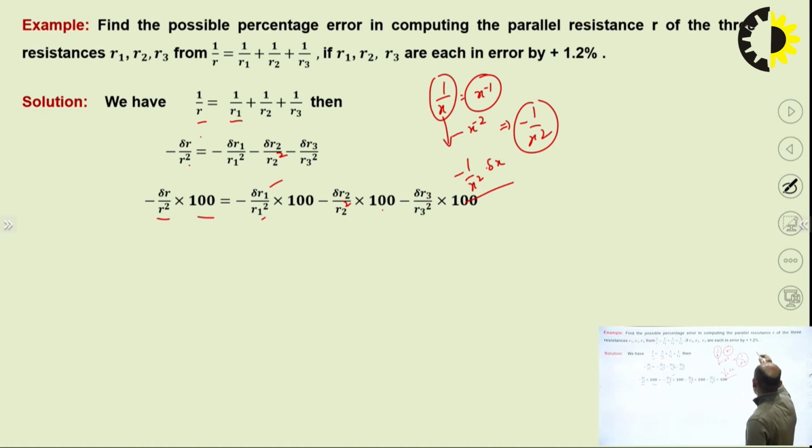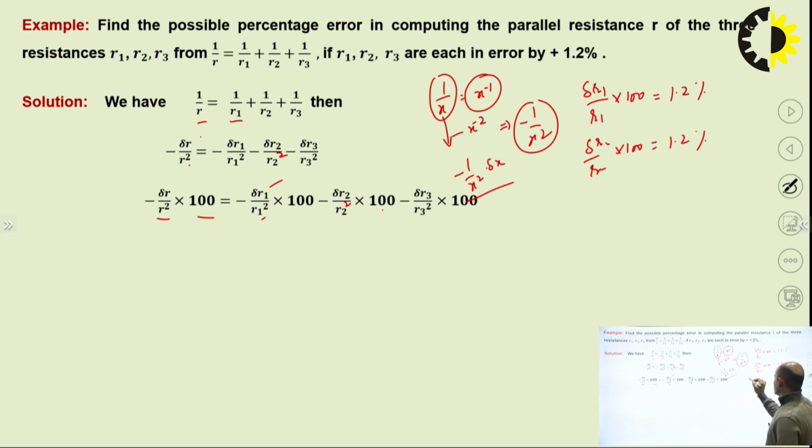Delta R1 upon R1 into 100 is 1.2%, similarly delta R2 upon R2 into 100 is also 1.2%, and the error in R3, delta R3 upon R3 into 100, is also 1.2%. So these are the percentage errors in R1, R2 and R3.